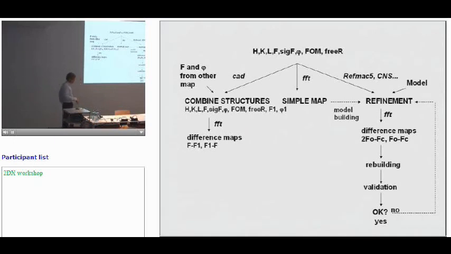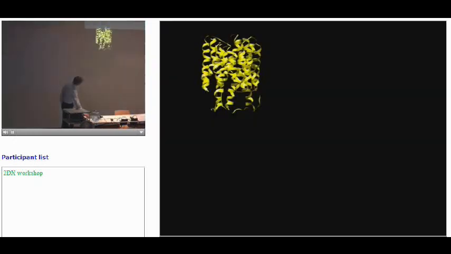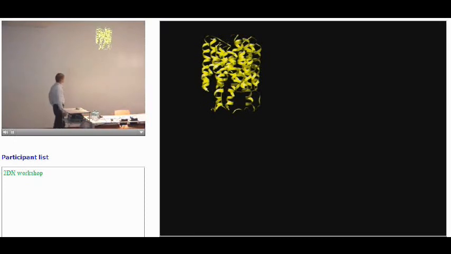Calculating a simple map may look very simple, and in principle it is very simple, but you may encounter some unexpected maps. I'm just mentioning this so that if you do this for the first time, you should not be surprised if your first impression is that something is wrong here.